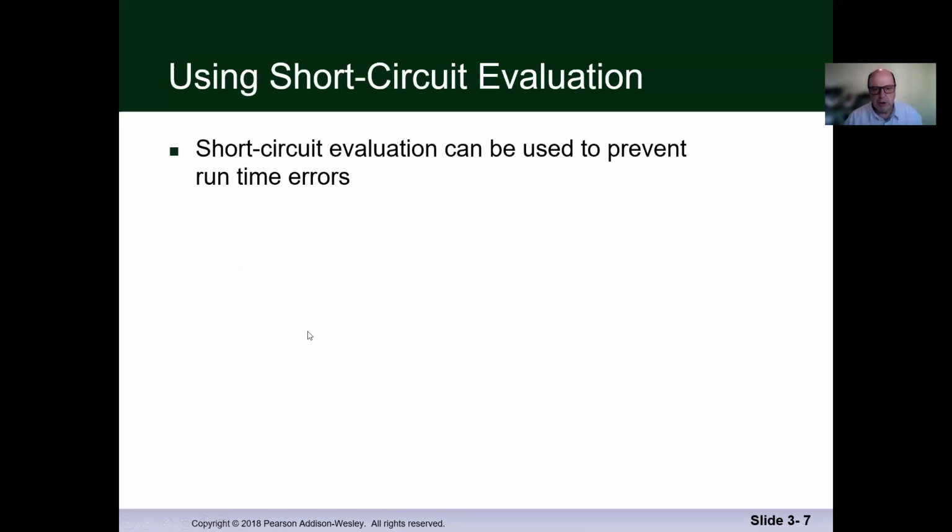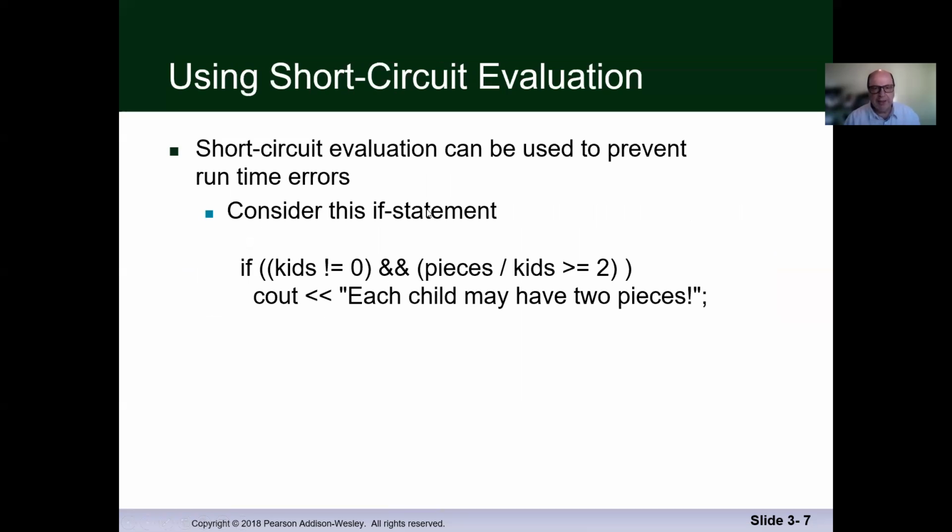So how does C++ or languages like this use this to their advantage? We might consider that if we have a division by 0, we can potentially have a runtime error. Remember, a runtime error we might not catch, we might not check it, and later on it's going to come and bite us.